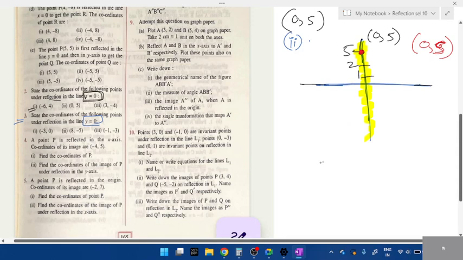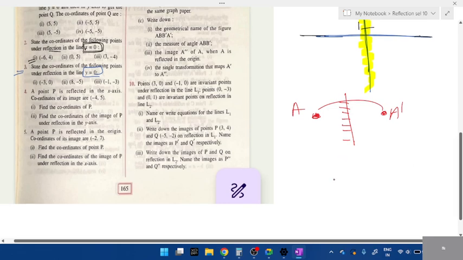For example, if you're standing here and the mirror is placed here, where is your reflection? On the opposite side, right? I'll tell you what an invariant point is. But imagine you are standing here and holding a mirror, do you think reflection is possible?